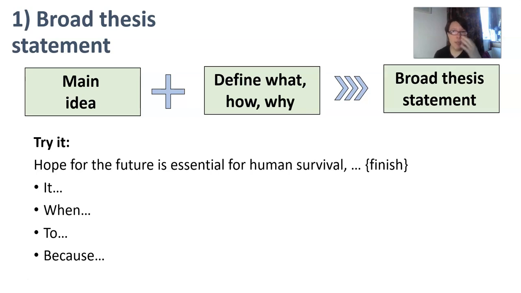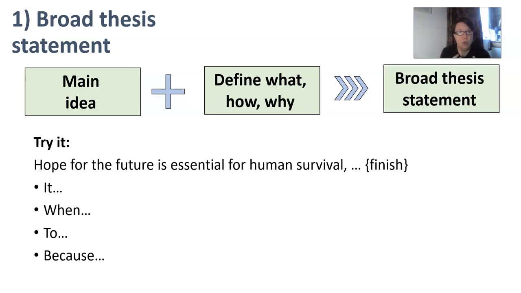All right, let's try another one. Hope for the future is essential for human society. Again, broaden that out. Both in Frankenstein and in The Handmaid's Tale, how is hope essential for the people, for the characters in the text? It what? When?